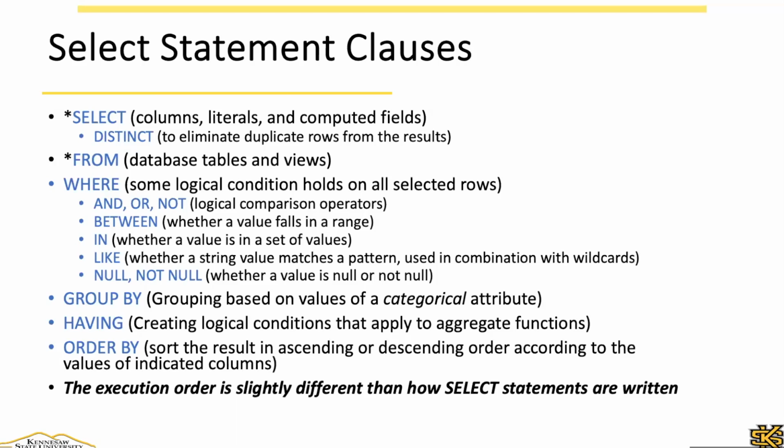Next, we have the from clause, which specifies the tables or views from which the columns in the select clause will be drawn. Following that, we have the where clause. The where clause is used to set logical conditions that must hold true for all selected rows. In other words, it ensures that only the records meeting a specific condition are included in the result set. In the where clause, you can use logical operators like and, or, and not.